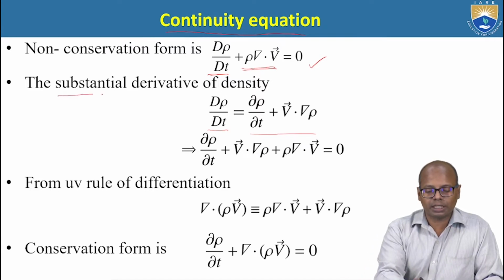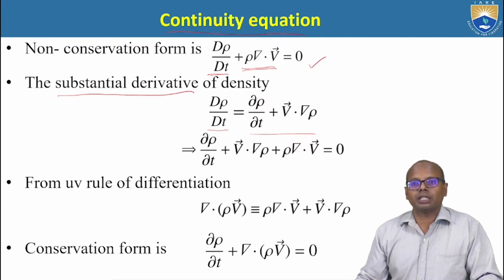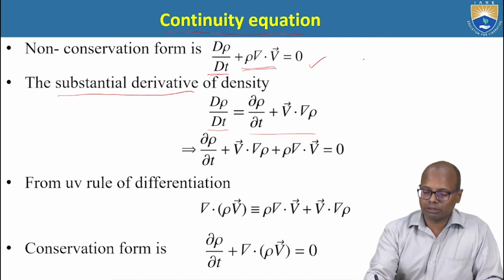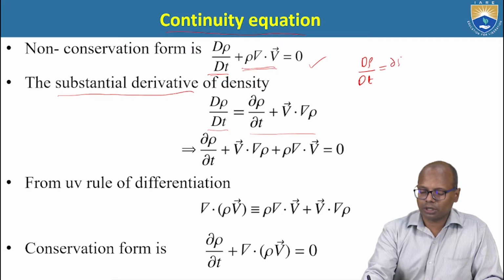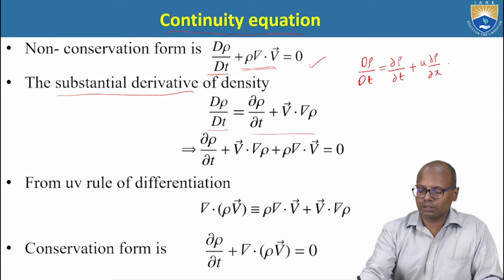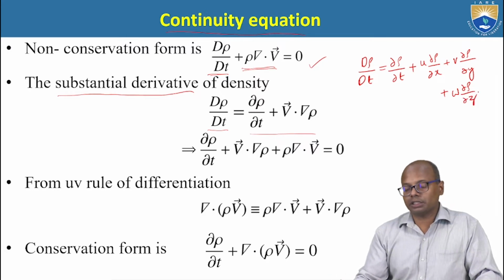We have derived in the previous classes that the substantial derivative, or the total derivative, of density is equal to the partial derivative of density with time, plus u dou rho by dou x plus v dou rho by dou y plus w dou rho by dou z. So this is the full expansion.